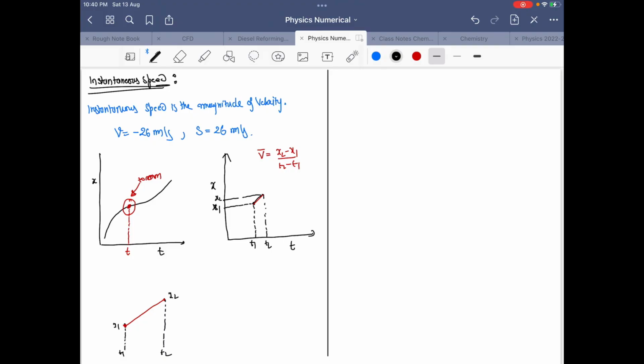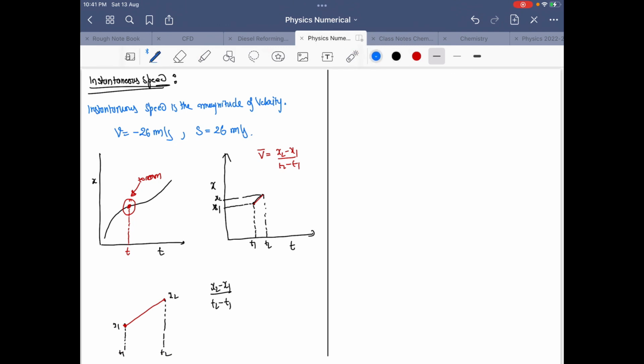So how can we find the slope? Slope is equal to x2 minus x1 divided by t2 minus t1. And what is x2 minus x1? This is the displacement, and t2 minus t1 is the time interval. So this is basically the average velocity between t1 and t2.